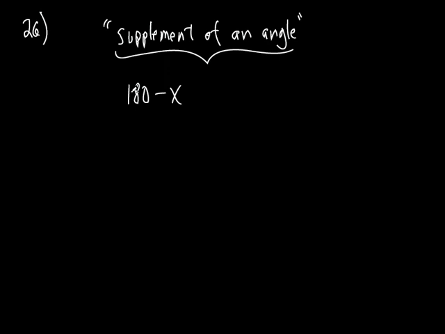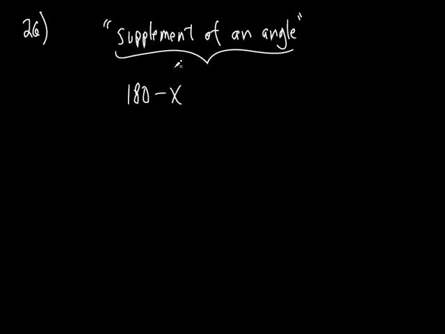Now let's look at number 26. It says the measure of an angle's supplement. Is it written exactly like this, the supplement of an angle? No. But doesn't the first little phrase basically mean the same thing? So what do I write down when it says the measure of an angle's supplement? 180 minus x.